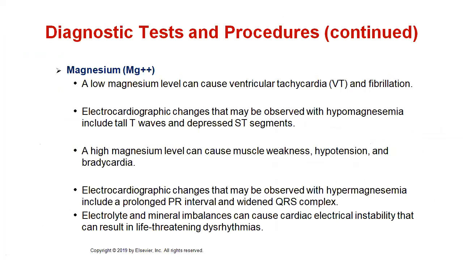For example, excess loss of magnesium from the gastrointestinal tract through nasogastric suction, diarrhea, fistula, or long-term use of certain drugs like diuretics and aminoglycoside antibiotics can lead to hypomagnesemia.